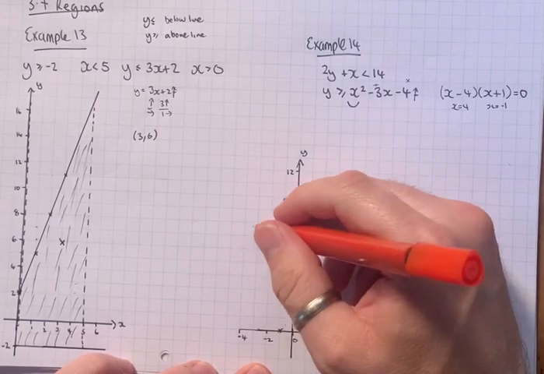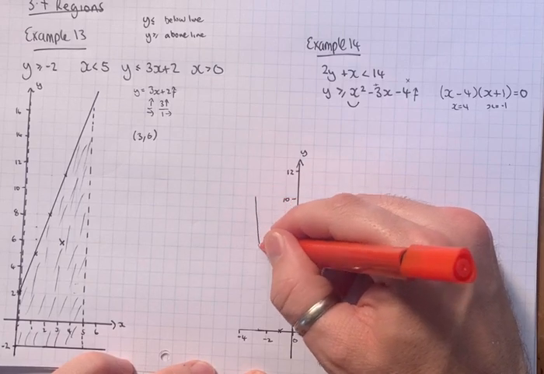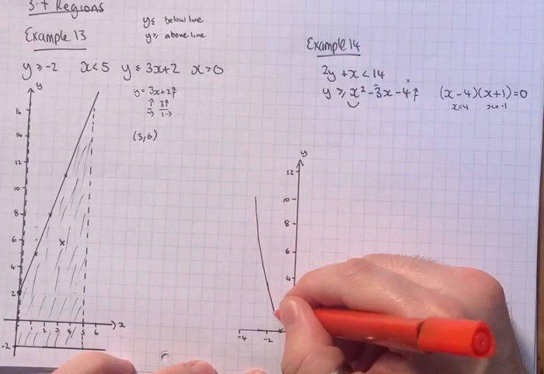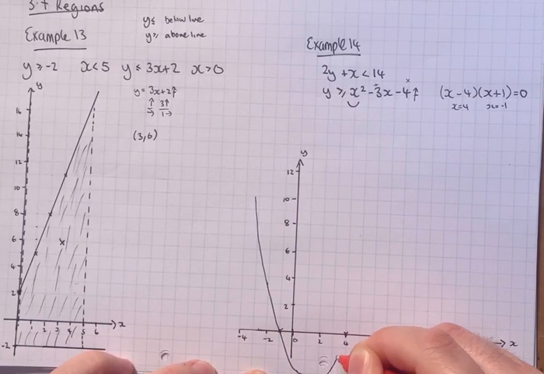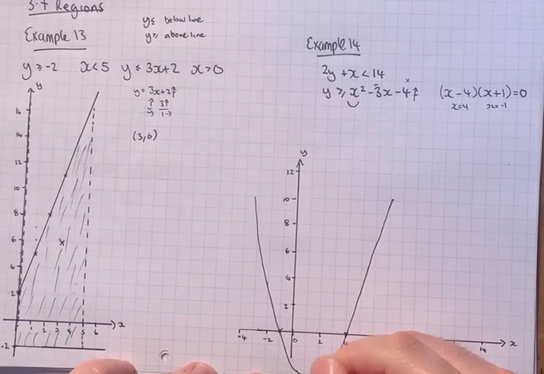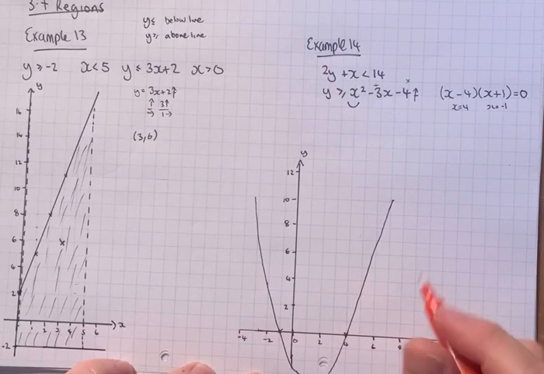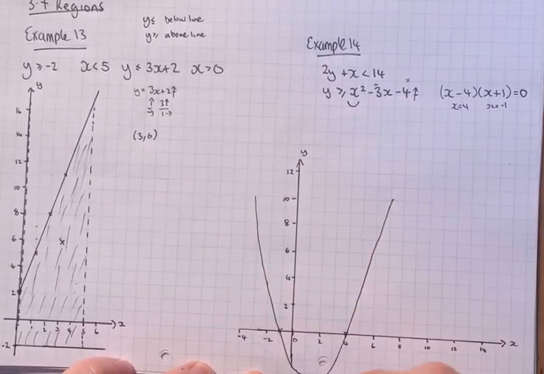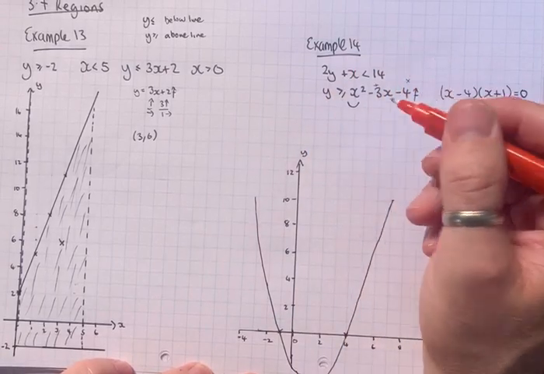It's going to come off the bottom, so you're going to have to do a bit of artistic license here. That should be going lower than that. I've done it at 2, but it should be at 4, so it should be a much steeper curve. Anyway, onto the straight line.